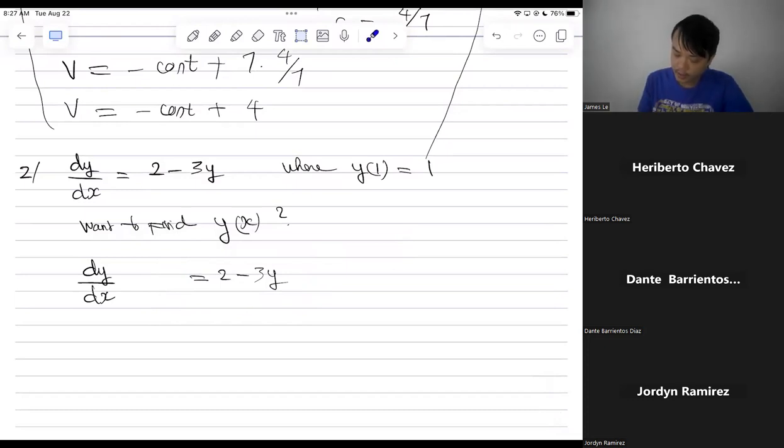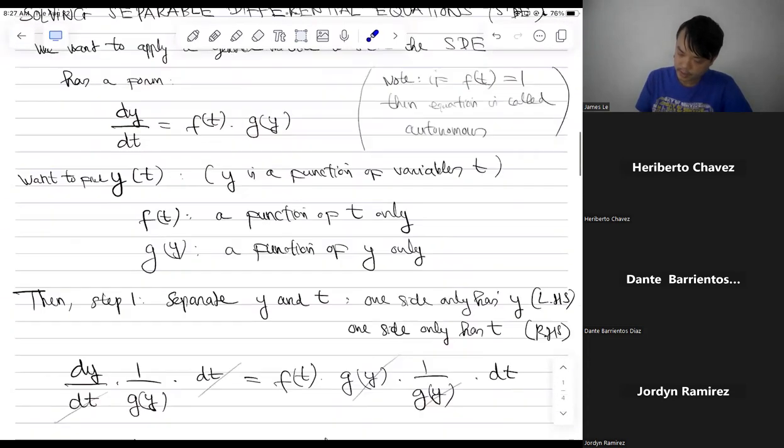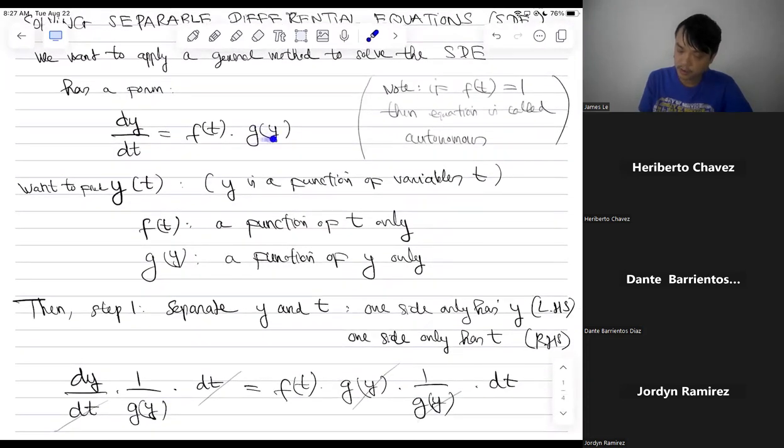The whole thing right here is g of y. When you try to separate the variables, you need to have a product. This one is multiplication, the product, not the sum.